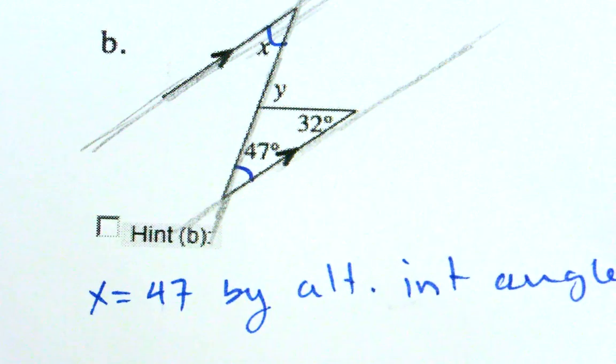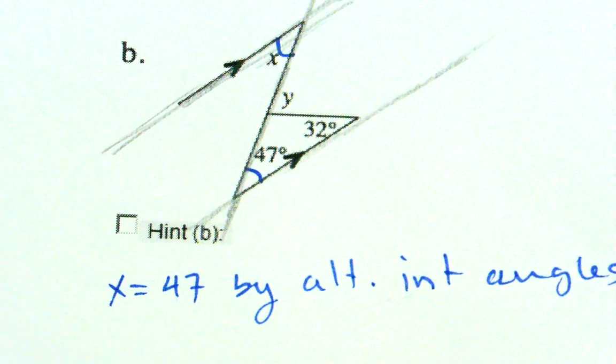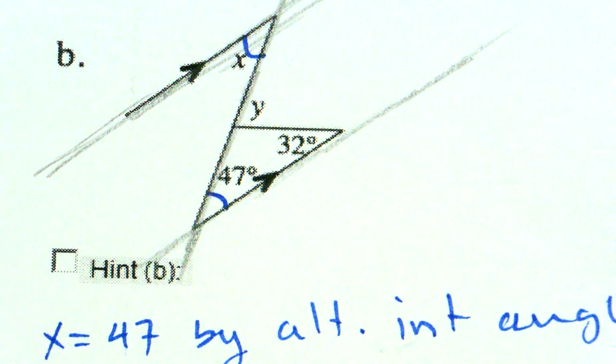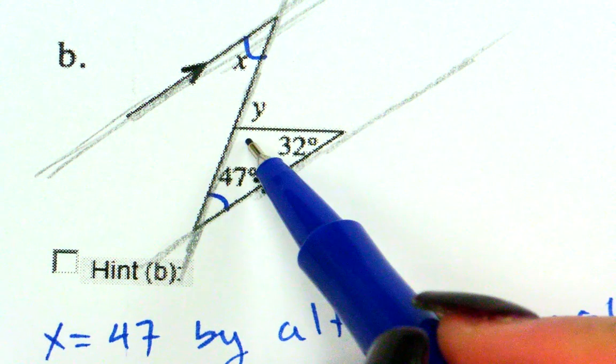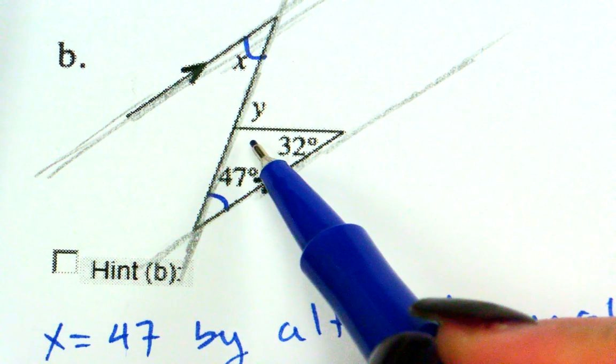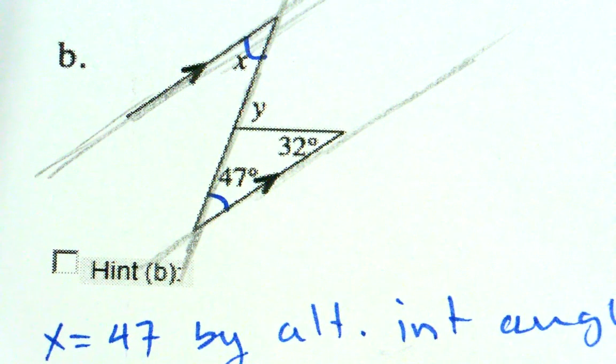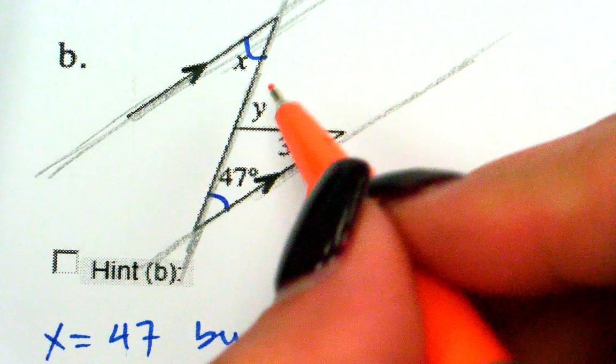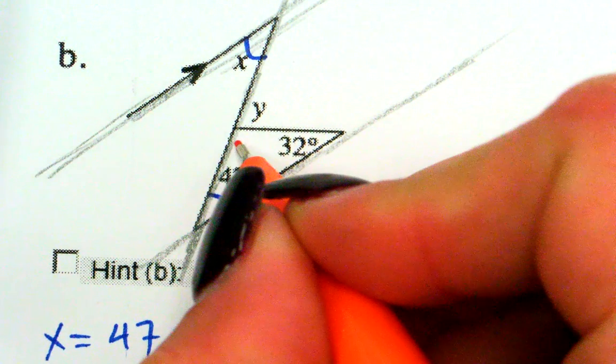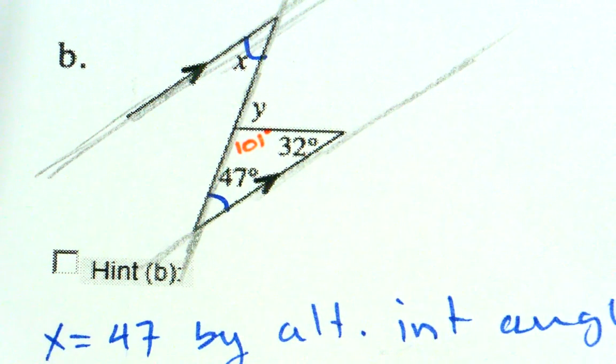Okay. And then y is really the exterior angle in here. So if you do, let's see, 47 plus 32, that's 79. 180 minus 79, that's 101. So this angle here is 101, right?